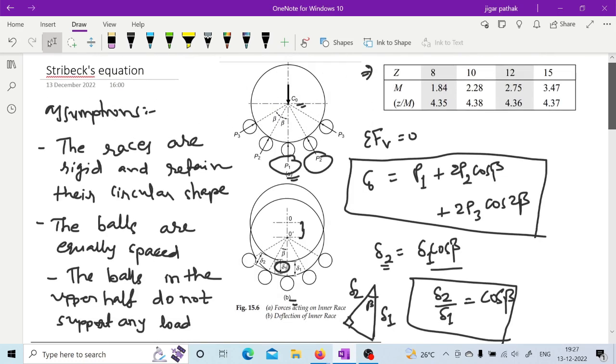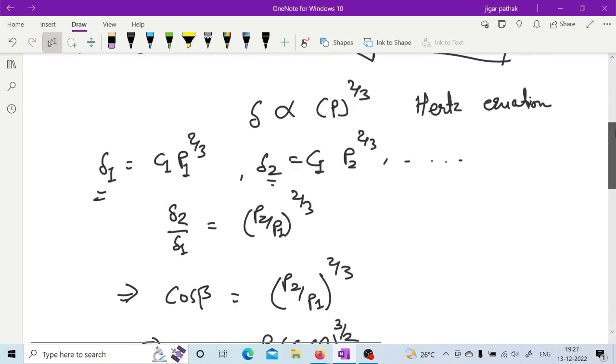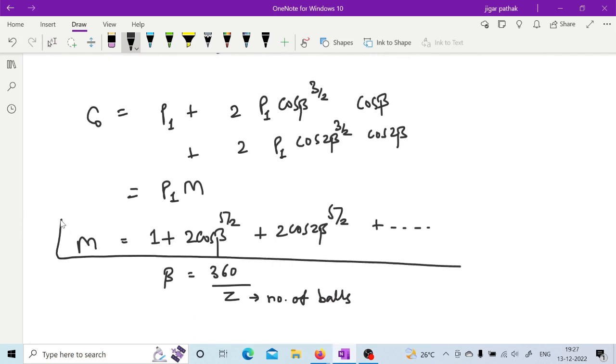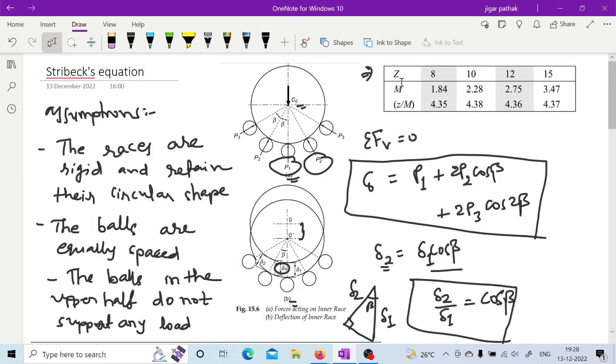If beta is equal to 360 by Z, and if we put the value of Z as 8, and calculate the value of M that we have derived here, right? So if we put the value of Z as 8 and then calculate beta, and then calculate M, it will give us the value which is mentioned here for M.